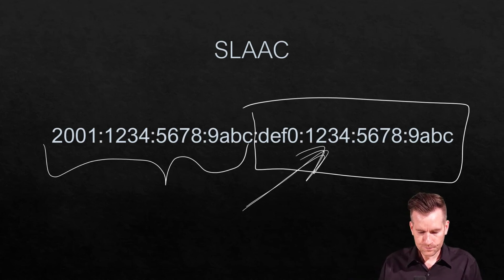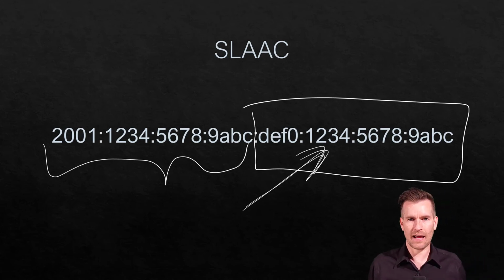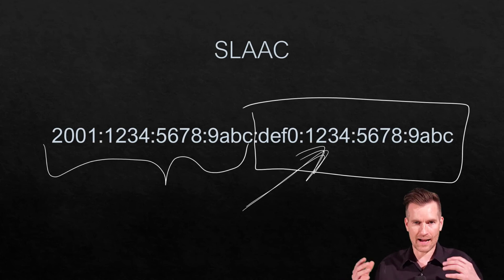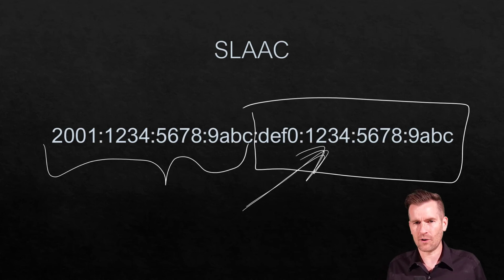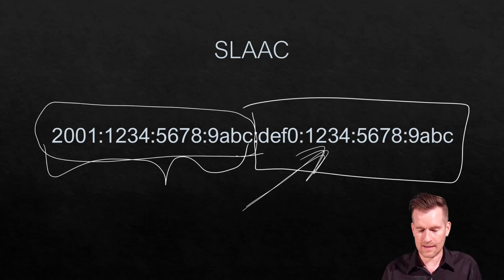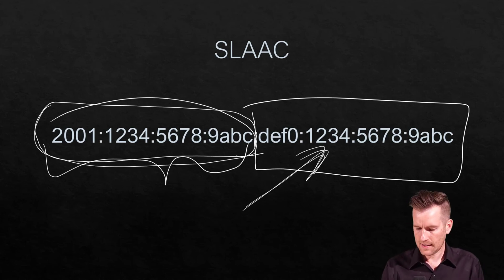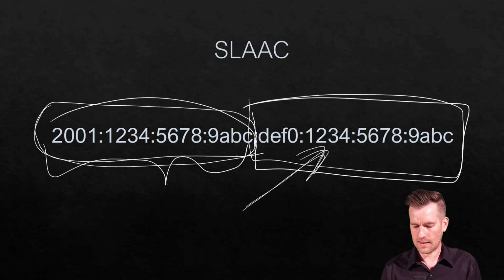And so what will happen is, through neighbor discovery protocol, it will send out some messages and do what's called a router solicitation and ask the router, hey, what network are we on? And that router will reply to it and give it this information right here. And then it will take this information, tag it onto the information that it's already generated, and now it is a global unicast address.